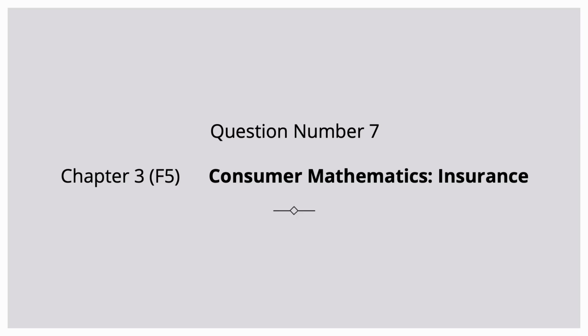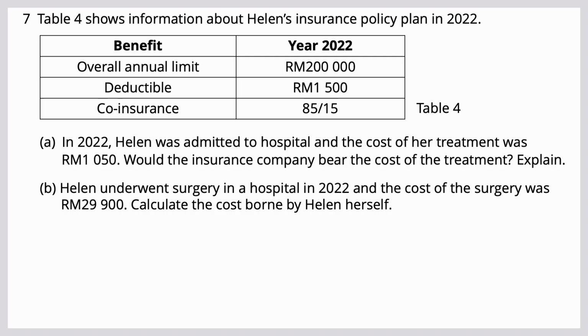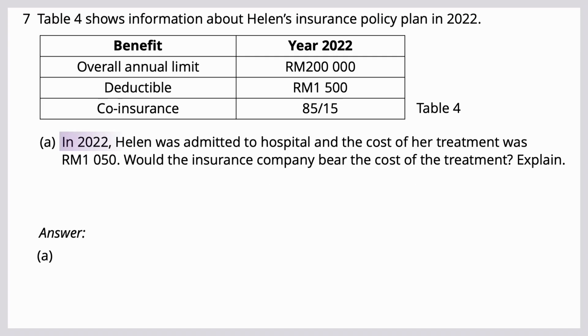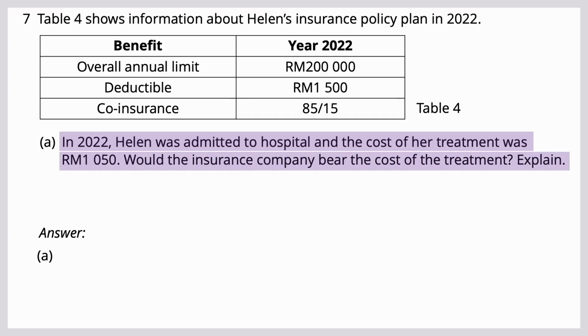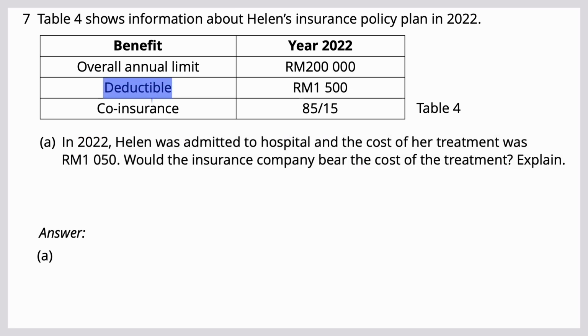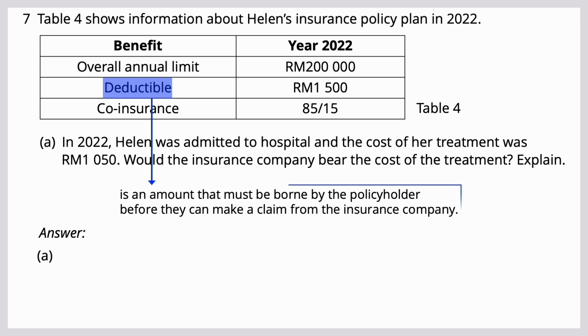Question number 7. A. In 2022, Helen was admitted to hospital and the cost of her treatment was 1050 ringgit Malaysia. Would the insurance company bear the cost of the treatment? Explain. Deductible is an amount that must be borne by the policyholder before they can make a claim from the insurance company.